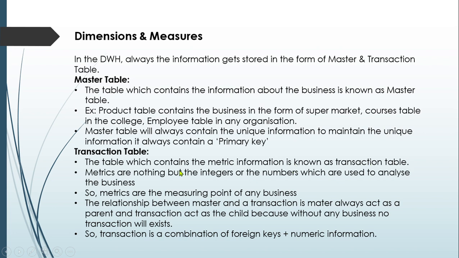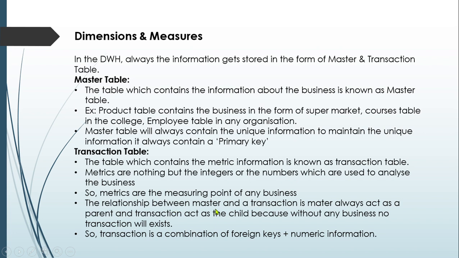That means all the measuring points, all the transactional information, metric values are available in the transactional table, that is called fact table, right? Metrics are nothing but integers, as I told, or the numbers which are used to analyze the business. These metrics are very important to analyze the business. So metrics are the measuring point of any business.